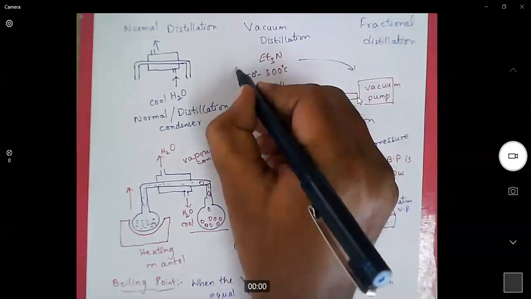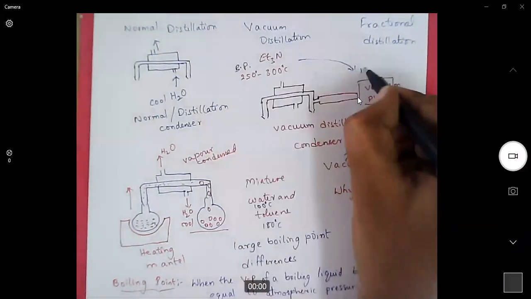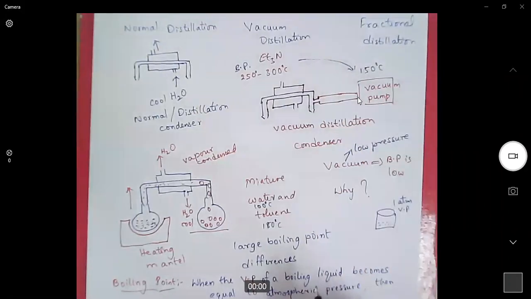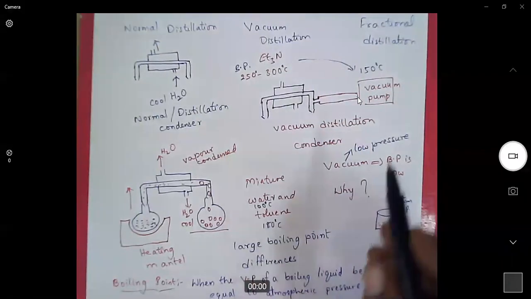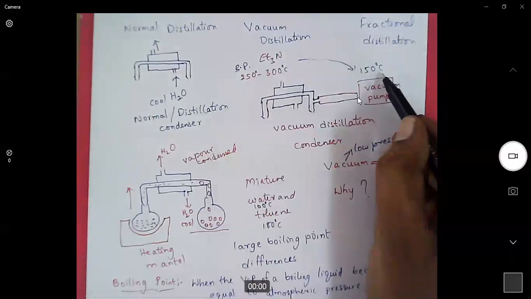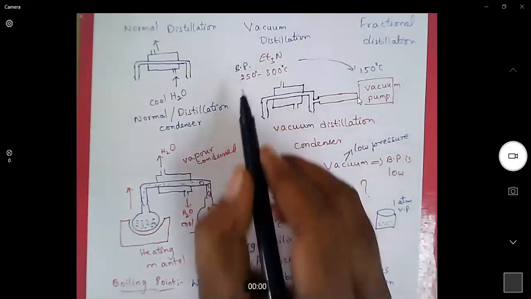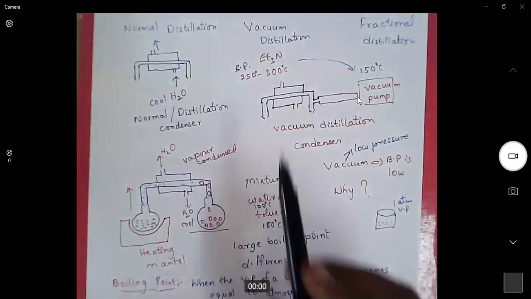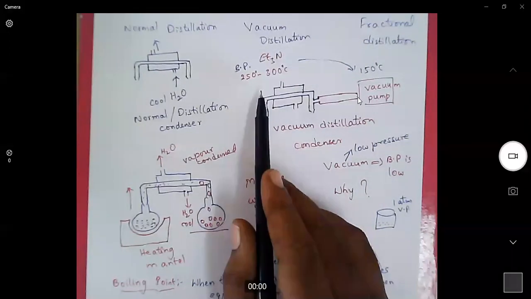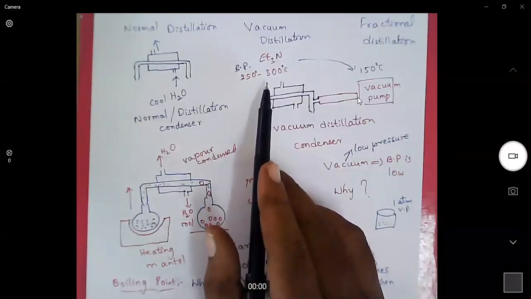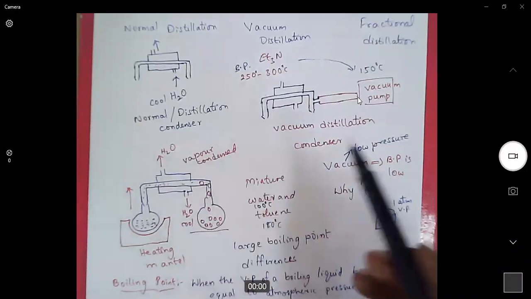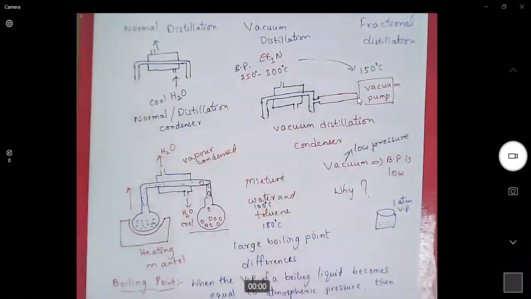Now, 150 degrees centigrade energy can be easily supplied compared to 300 degrees centigrade. So that is why solvents or liquid compounds with very high boiling points are normally purified by vacuum distillation.